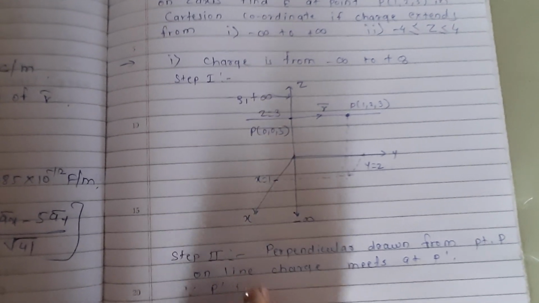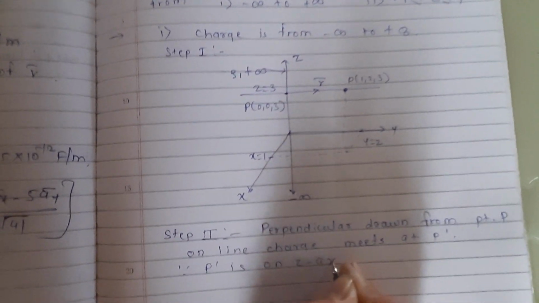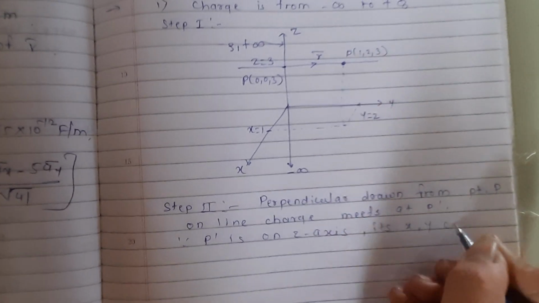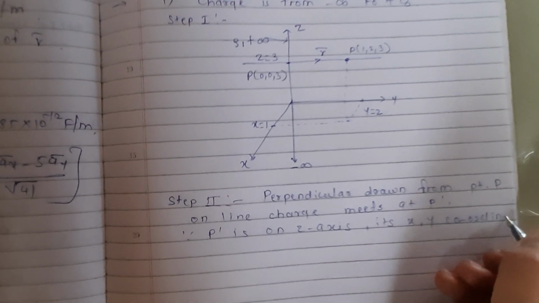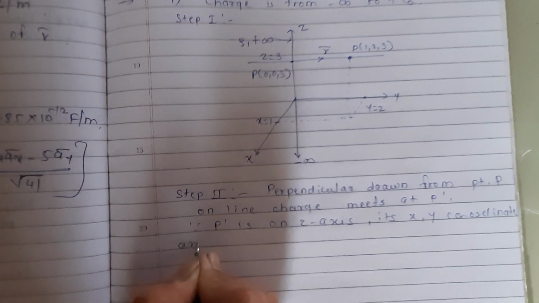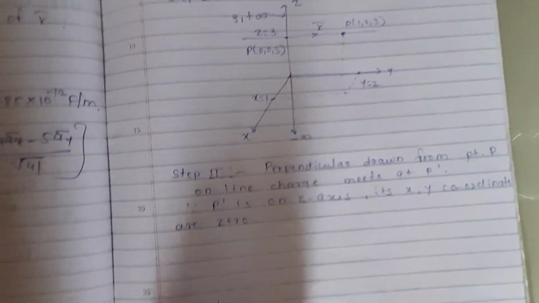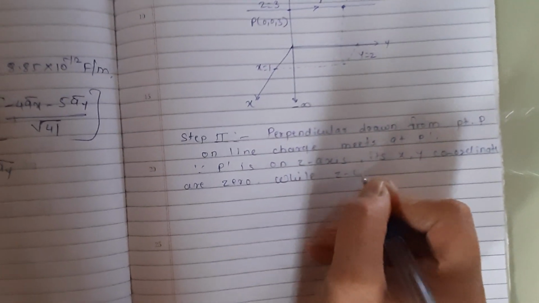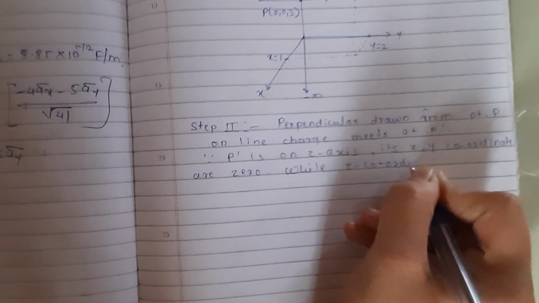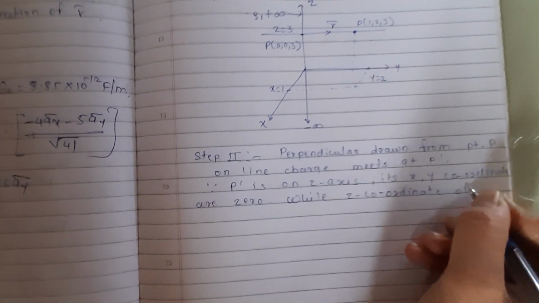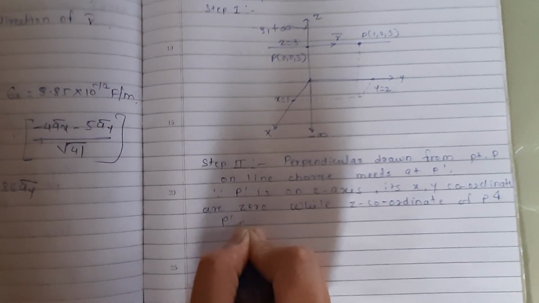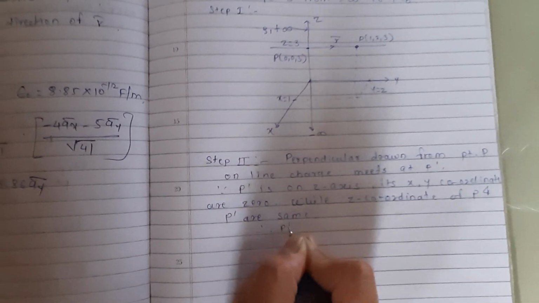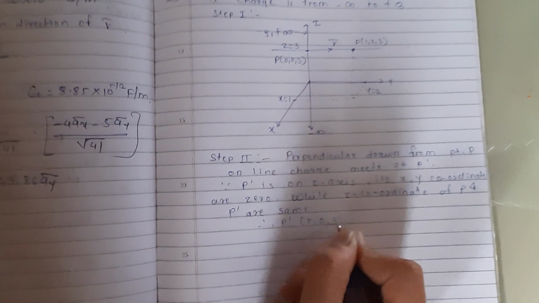Since P dash is on the z axis, its xy coordinates are 0, while the z coordinate of P and P dash are the same. So the coordinates of P dash are 0, 0, 3.